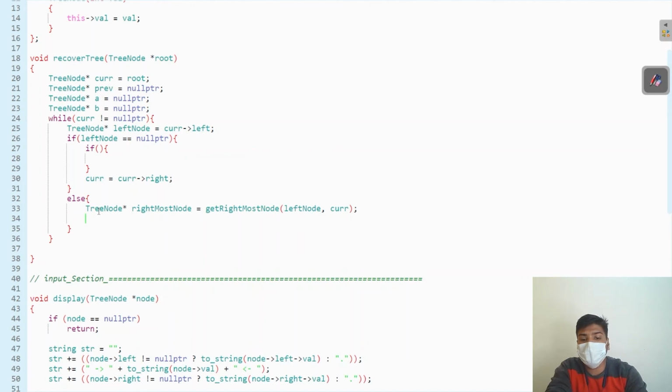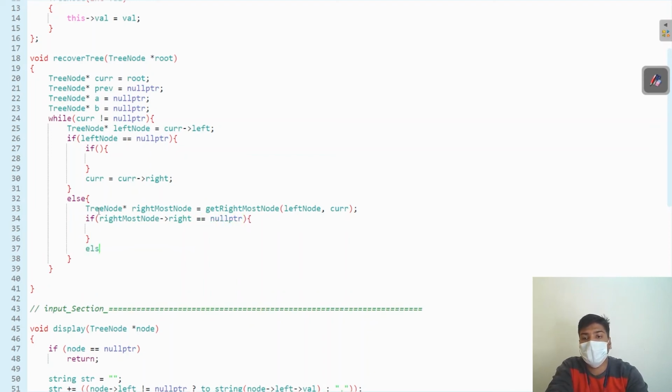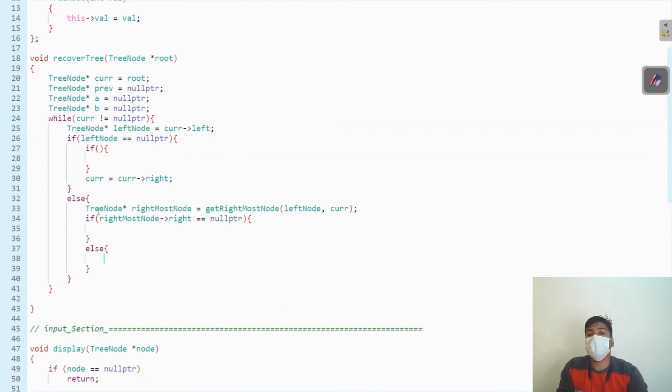After this I check if my rightmost node right is equal to null or not. If it is equal to null, that means at that point I need to make some connections, and at the time of making the connection, nothing will be added in my in order.